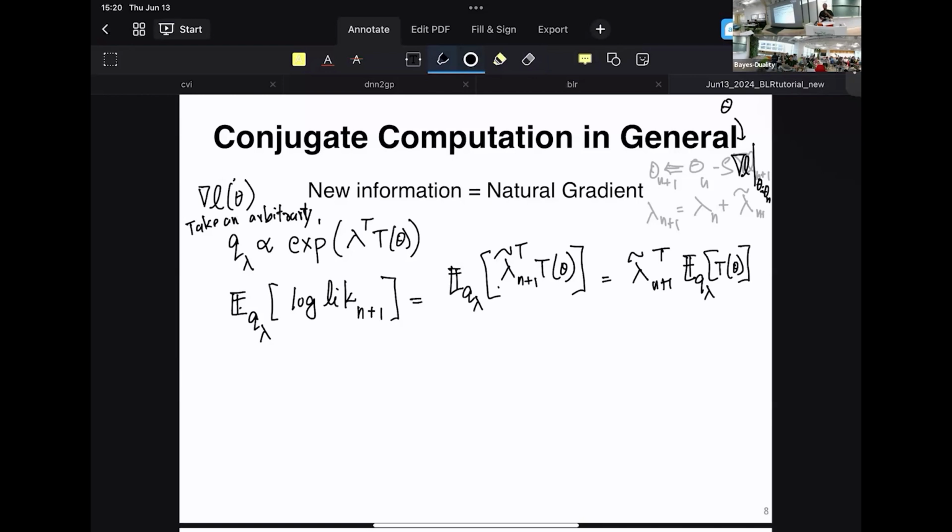Okay? So you can see now that it's somehow linear with respect to this quantity. In exponential family, it actually has a very deep meaning. It's called the expectation parameter.